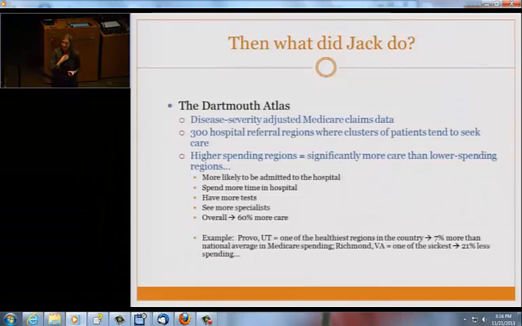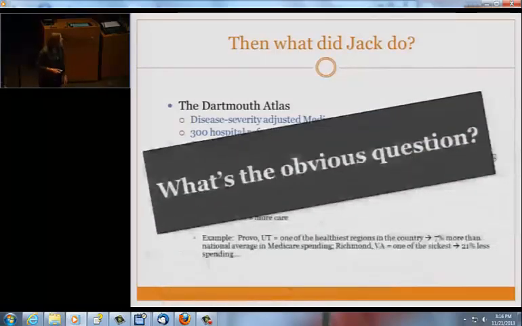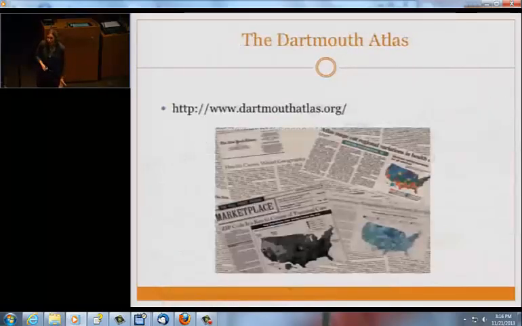Is this okay? Are the patients in Provo healthy because we're spending 7% more for each one of them? Are the patients in Richmond having worse outcomes because we're spending 21% less? The answer is no, okay? Their outcomes were not any better.